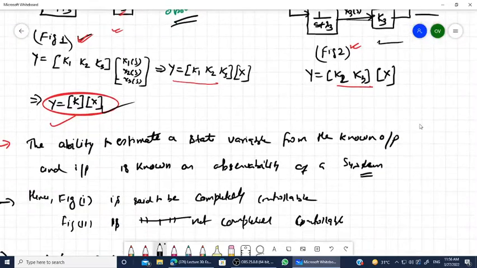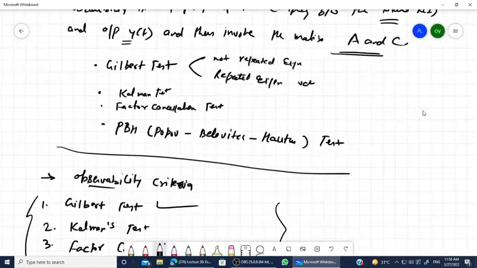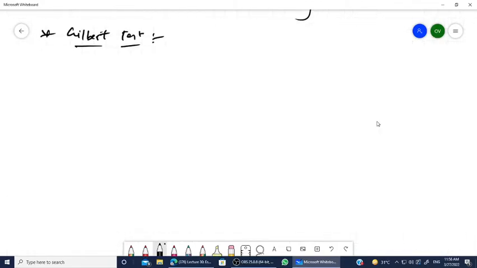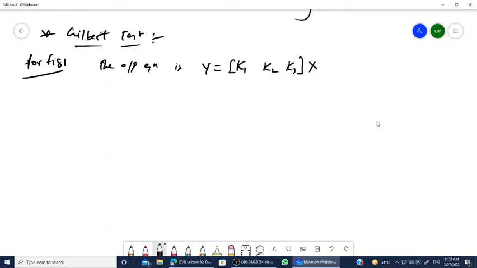I'm just writing the equations for figure 1 and figure 2. For figure 1, since each of the states is connected to the output, the output equation is y = [k1 k2 k3] x. This is equation number 1.